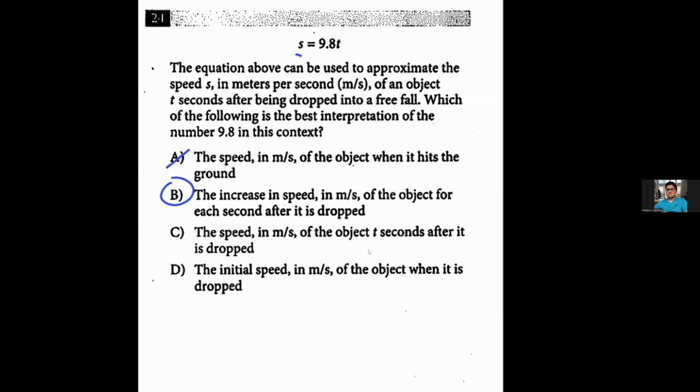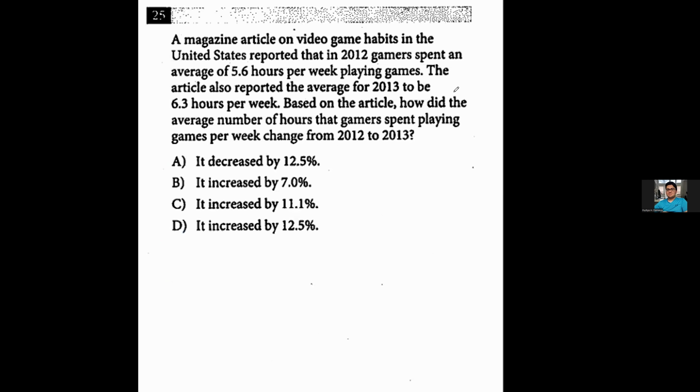The speed t seconds after it is dropped? Well, we don't know what the initial speed is. So this is just the increase in speed, which is also known as gravity, 9.8. Anyway, question 25.